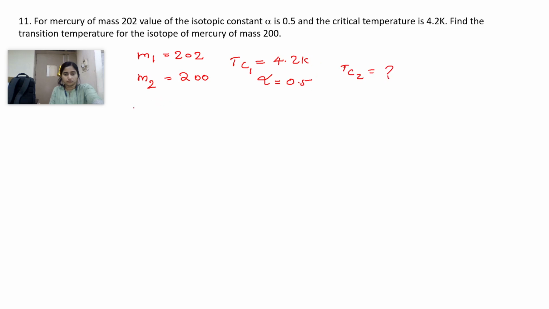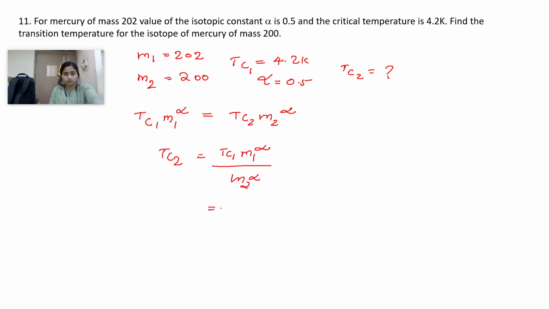We know the formula: Tc1 times m1 power alpha is equal to Tc2 times m2 power alpha. From there you have to calculate Tc2, so it will be Tc1 m1 power alpha divided by m2 power alpha. All the values are here.